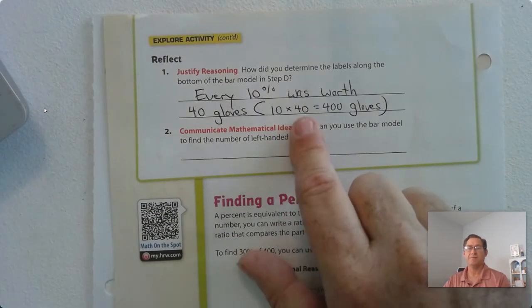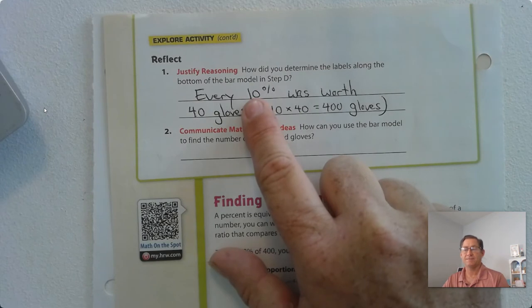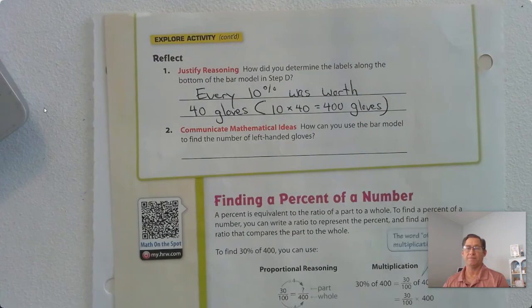So we're going to have 10 sets of 40, right? Because there's 10% and 100%. So 10 times 40 is 400 gloves.